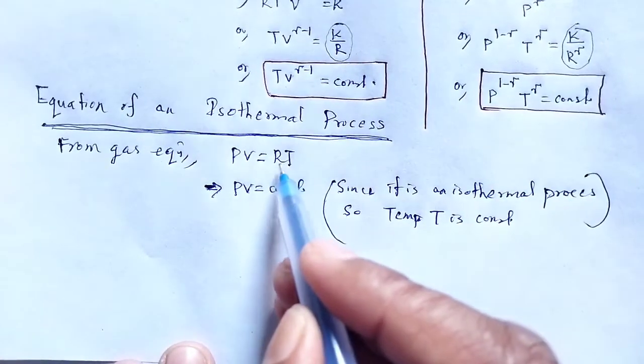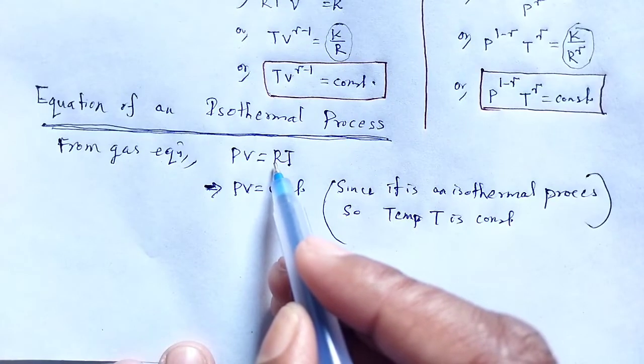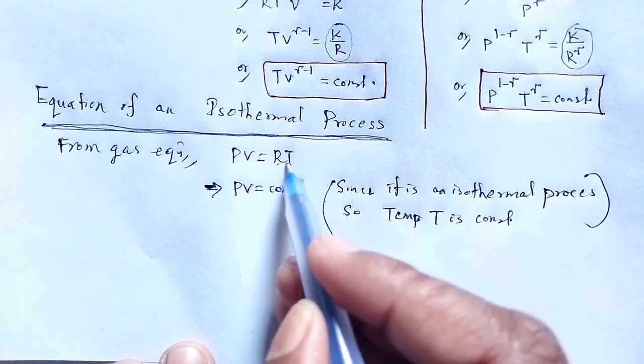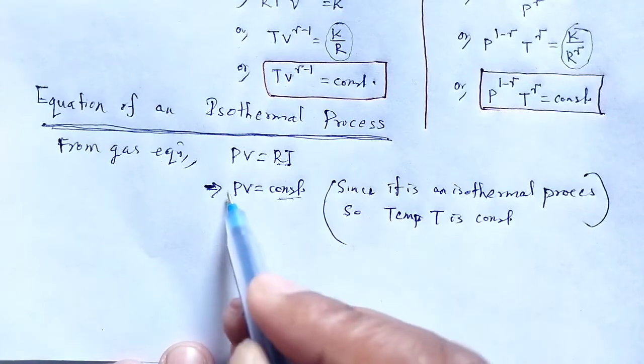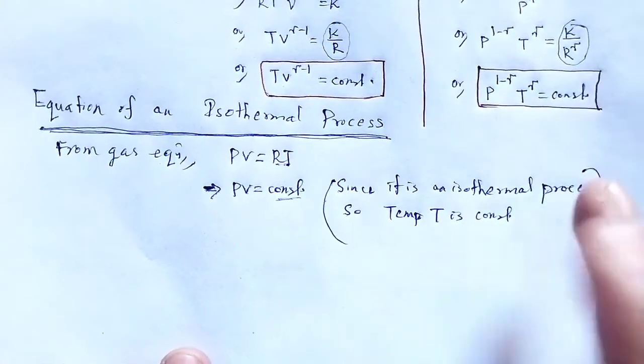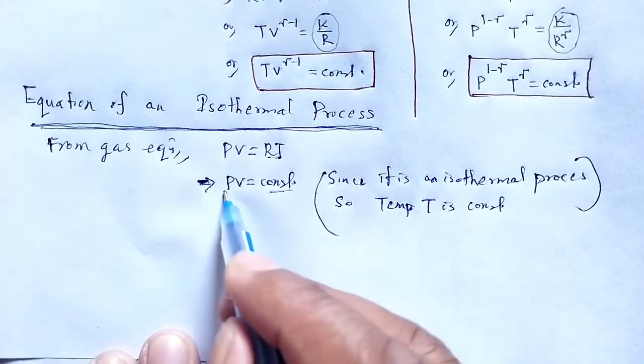The universal gas constant is also a constant, so the multiplication of these two constants results in a constant. So PV is equal to constant.